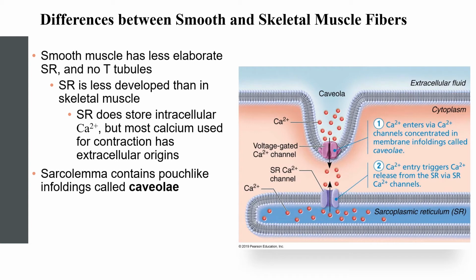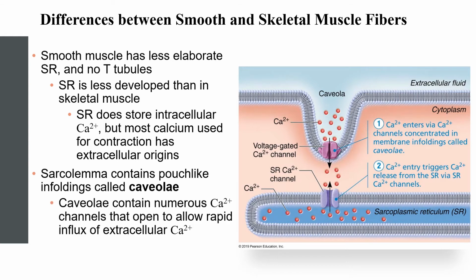The sarcolemma is also going to have these pouch-like infoldings called caveolae, and these are where those voltage-gated calcium channels are going to be. There are going to be numerous calcium channels along the sarcolemma, and we are going to have an influx of calcium through those ion channels.